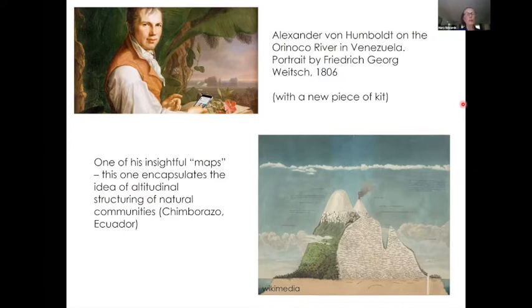And here's one of his maps, the one that talks about how there are basically altitudinal zones in the natural vegetation on Chimborazo volcano. And interestingly, Sandra has put up the same photo, and I have cheekily taken the one from the Alexander von Humboldt Foundation, where you might see that he's got a new piece of kit in his hand.